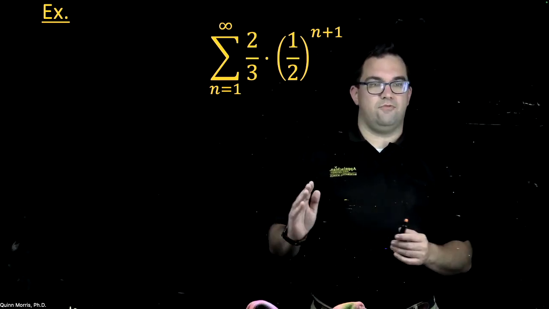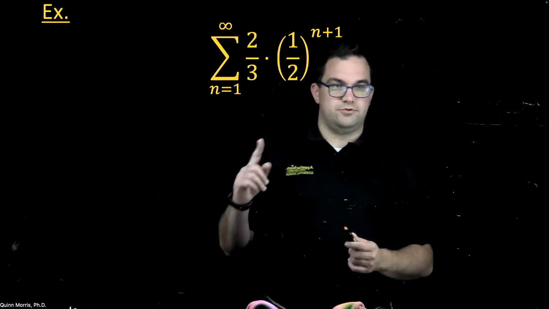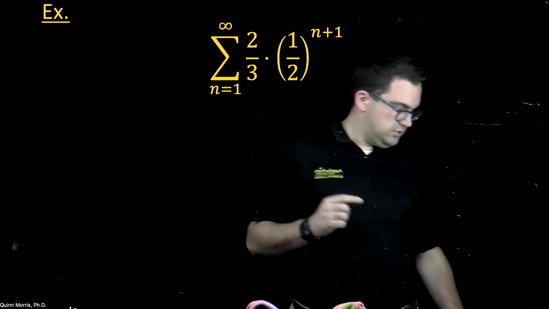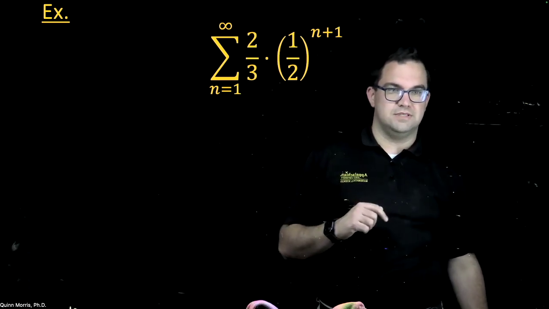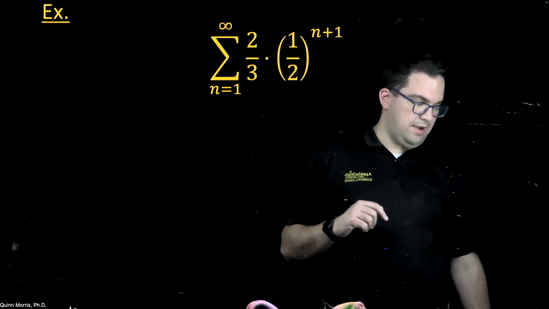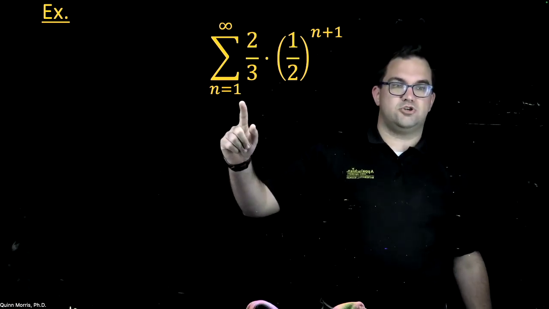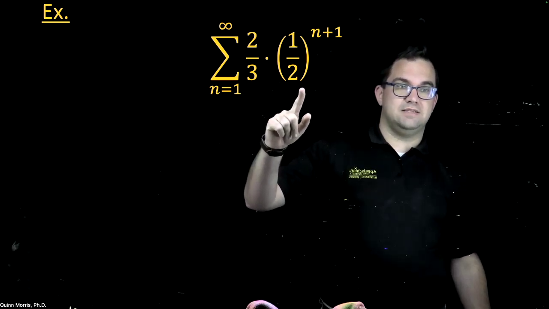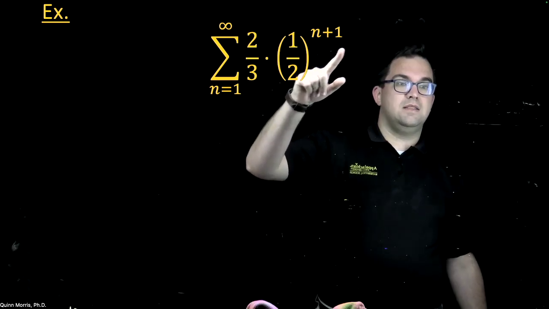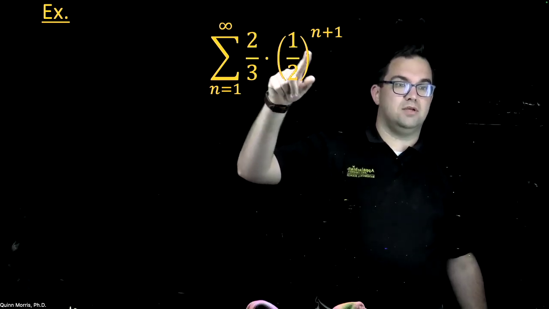But we have to be a little careful, because there are two things different about this problem. The first difference you might notice is that it starts at 1 instead of at 0. And the second thing is that instead of being 1/2 to the n, this is 1/2 to the n plus 1 power.